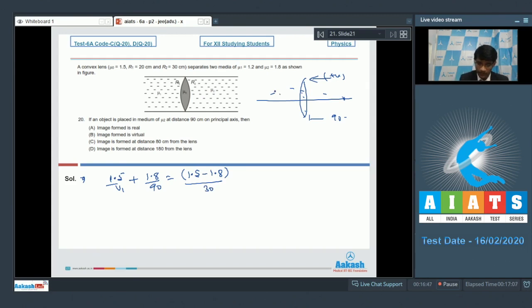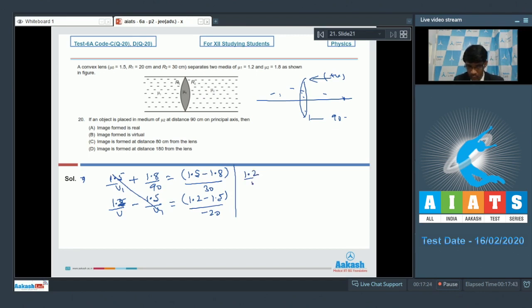For the other refraction, it is 1.2 by V, the final image, minus 1.5 by v1, equal to 1.2 minus 1.5 divided by minus 20. Let's do this calculation in the same fashion as we did for the previous question. This one will cancel out.